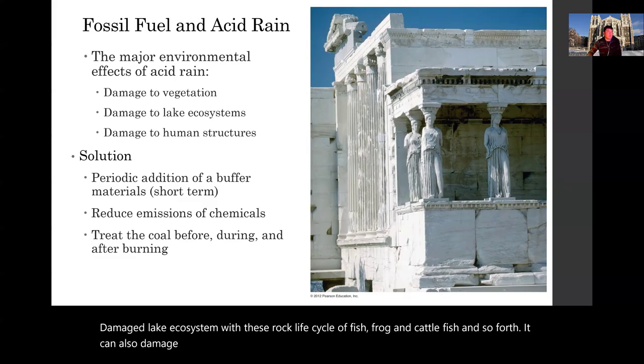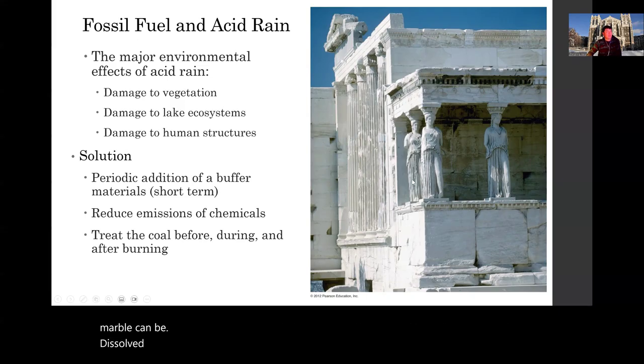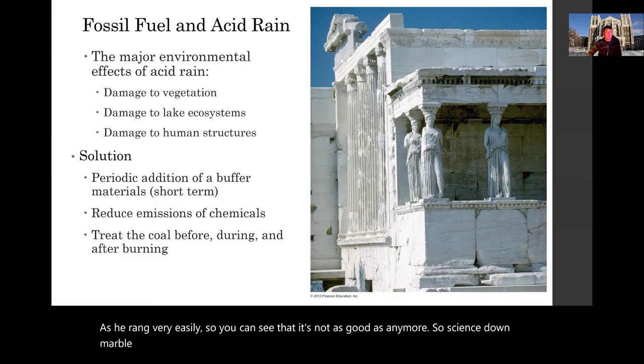This is a structure, a monument, made of marble, and the marble can be dissolved by acid rain very easily. So you can see that it's not as good as before. Sandstone, marble, limestone, they can all dissolve. So what are some solutions?